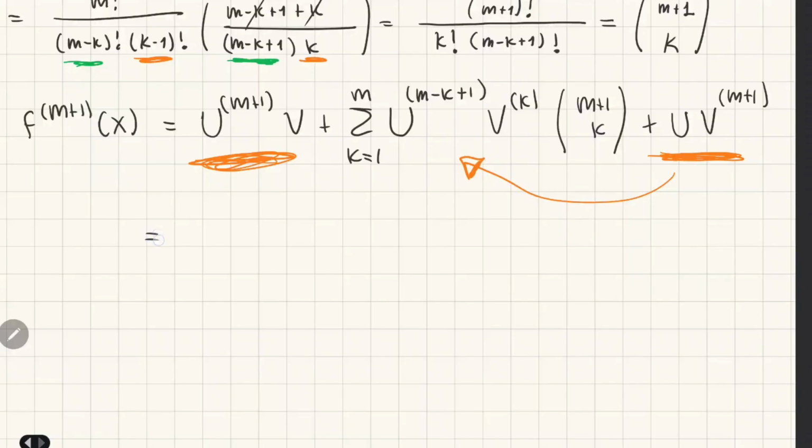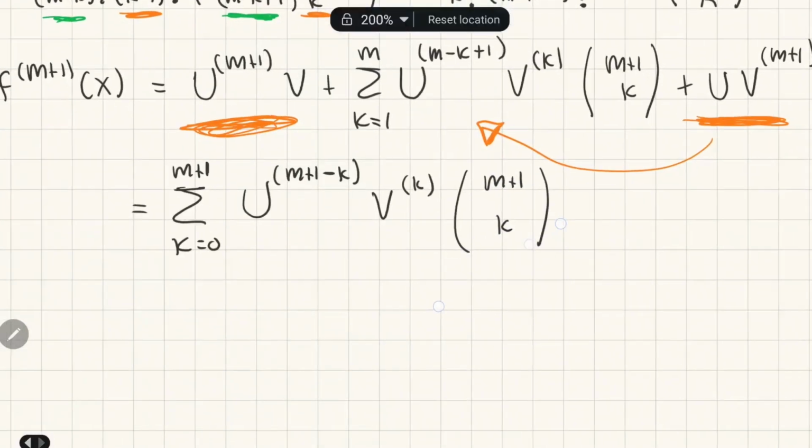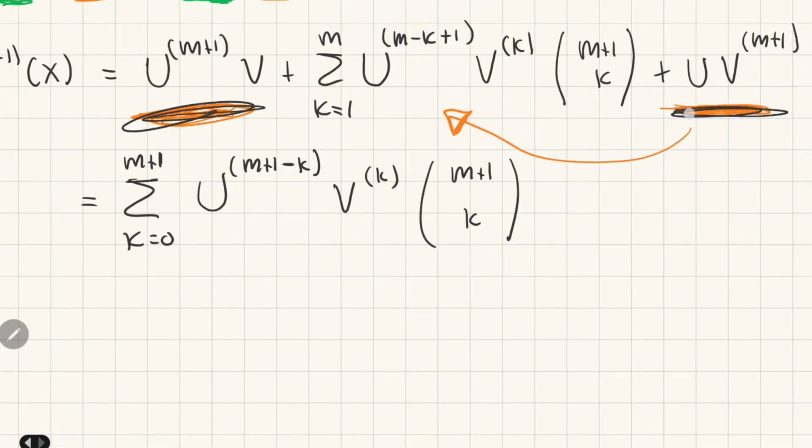So if I write it in this way, the sum from k equals 0 up to m plus 1 of u to the m plus 1 minus k b to the k times m plus 1 choose k, we are already including these two elements that we have here, for the element k equals 0 and k equals m plus 1, right?